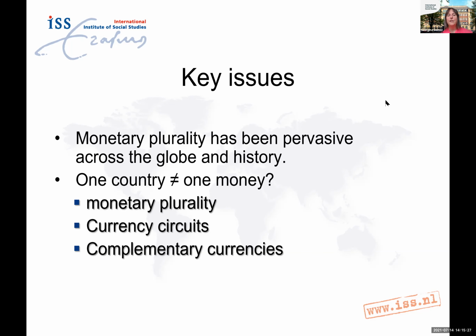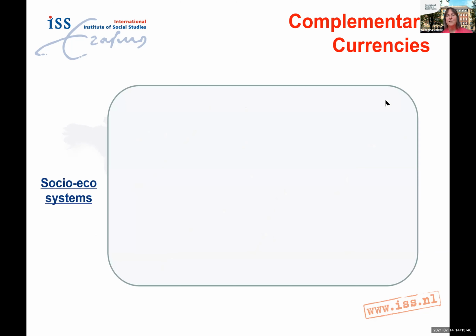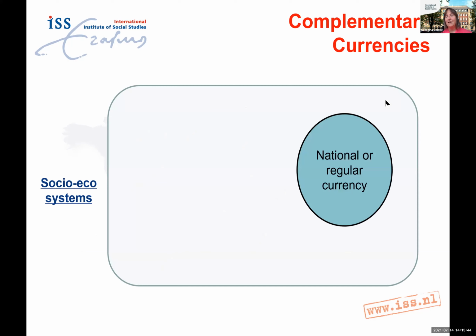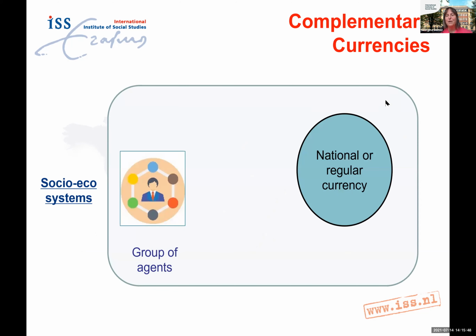And what you find is that any country has what we call currency circuits. I will expand on these two concepts in a second, and complementary currencies. If you look really well in your country, you will probably have, sure, a national or regular currency, the one that the central bank issues, but then you have these groups of agents that make their own complementary currency system, the CCS.